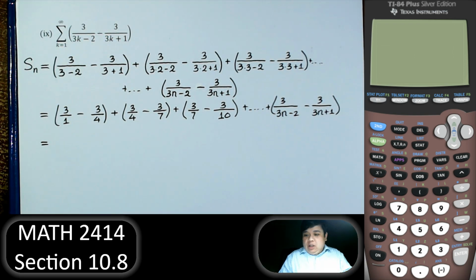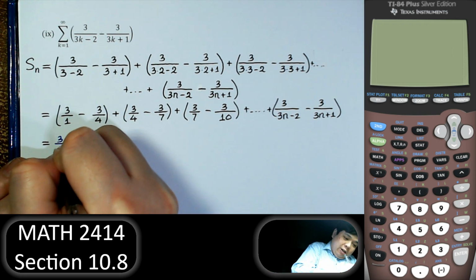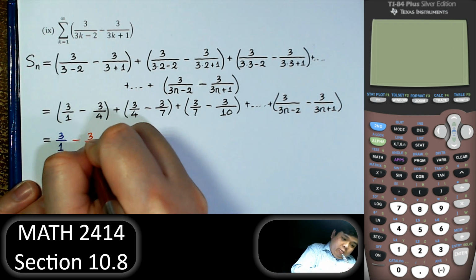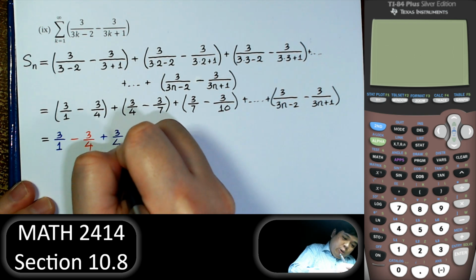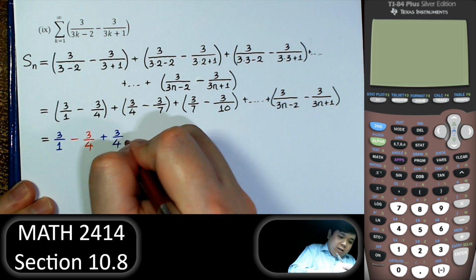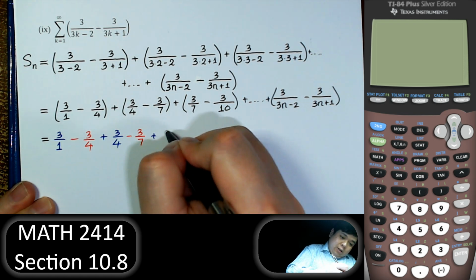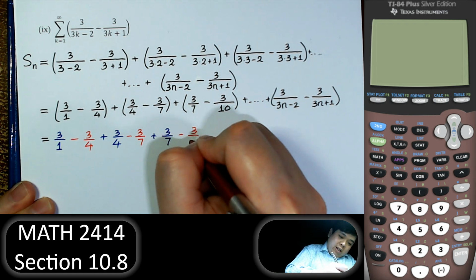Now, I'm using the color code to make it easier to see. So the term is positive. I'm going to write it differently. So 3 over 1 minus 3 over 4, 3 over 4 minus 3 over 7, 3 over 7 minus 3 over 10.